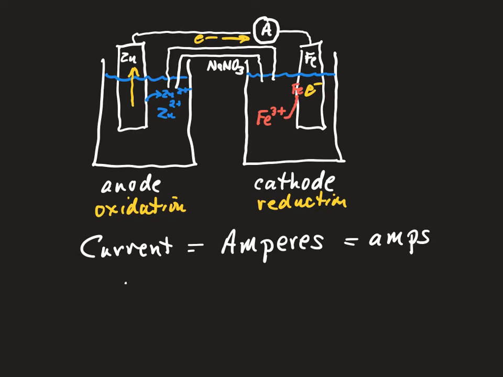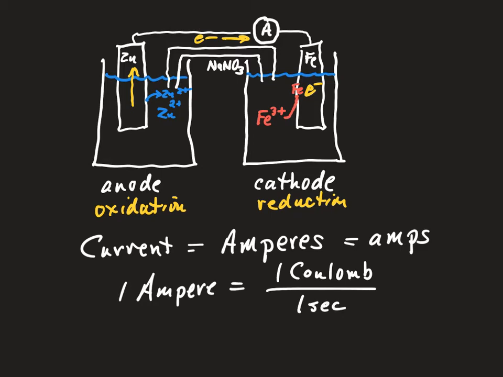And 1 ampere is equal to a current of 1 coulomb of charge passing that point per second. So it's coulombs per second. And so now, if we know how much current has flowed, we can figure out what the change in mass would be.